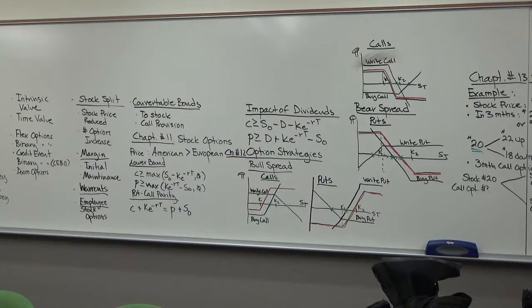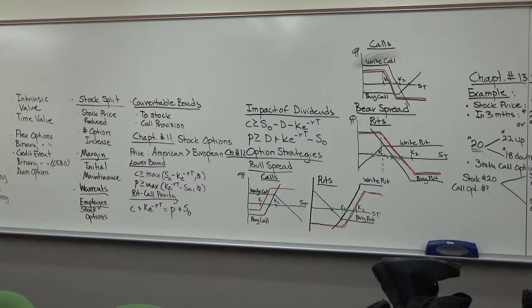So you can create a riskless portfolio. $22 times delta minus the one option, or the 18 delta minus 0. So 22 delta minus 1 equals 18 delta.